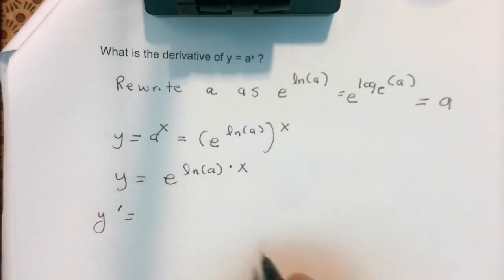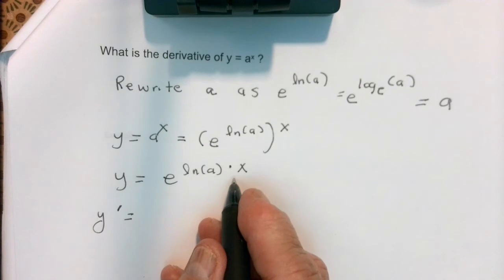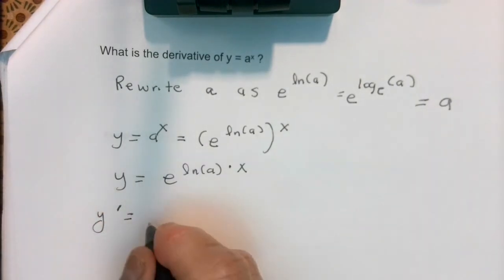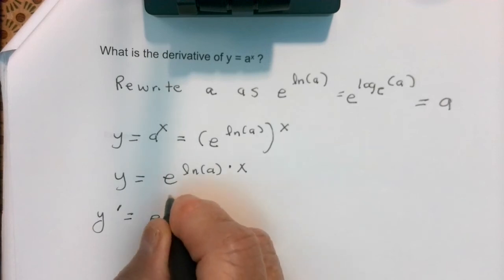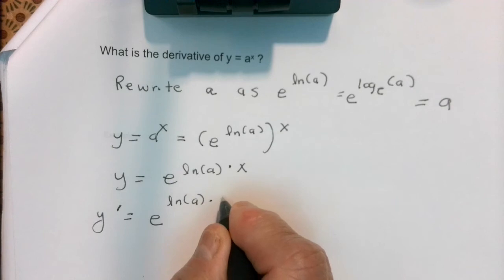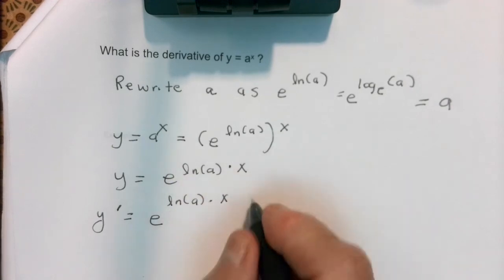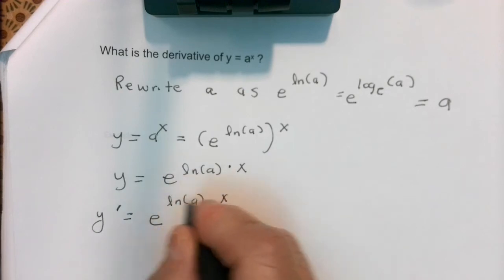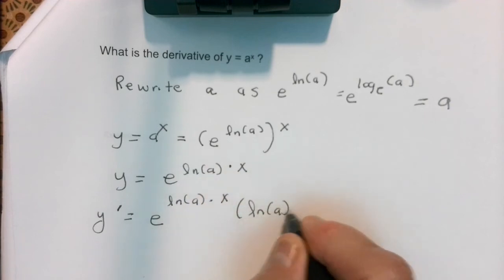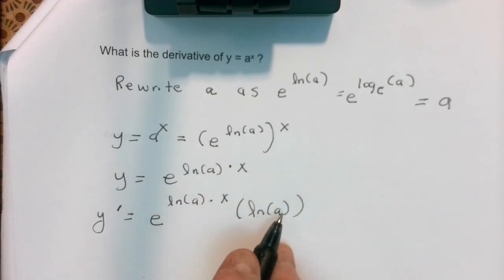Y prime, and we're going to use the chain rule. So I guess we are using calculus here, not just algebra. We go e to the natural log of a times x, then times the derivative of the inside function, which is the exponent. That derivative is natural log of a. Natural log of a is just a number, depending on what the base a is, but that's a constant.